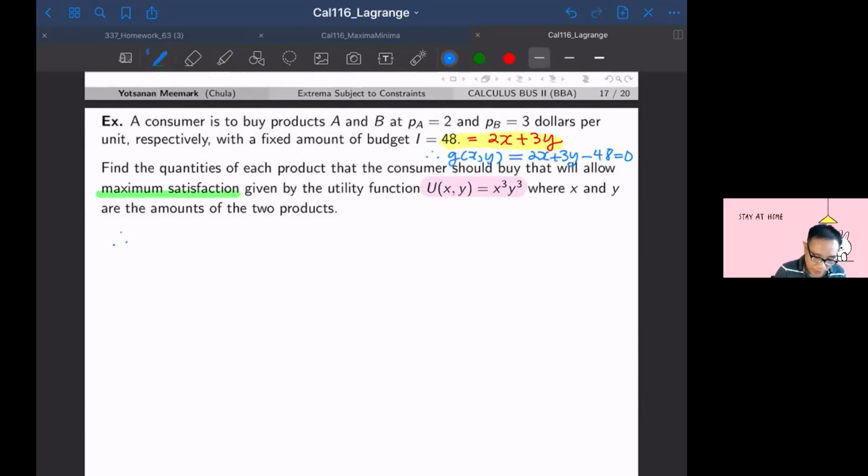So you're gonna have F(x,y,lambda) equal to your satisfaction function plus lambda times your g(x,y), which is 2x plus 3y minus 48. So this one is the yellow function and the pink function respectively.